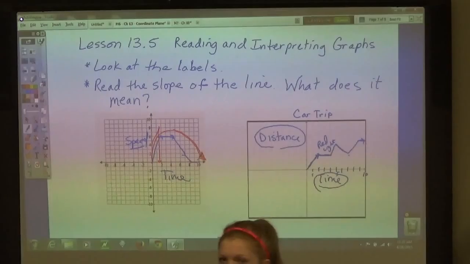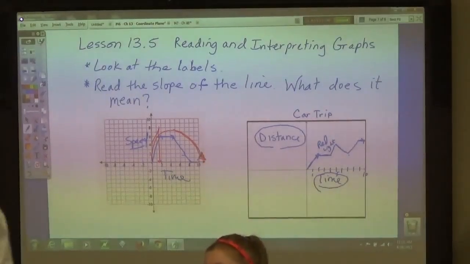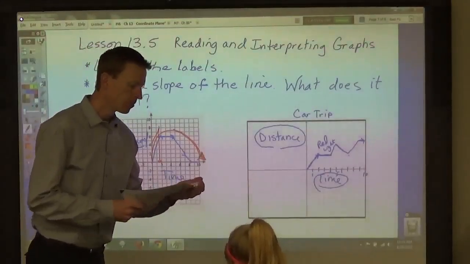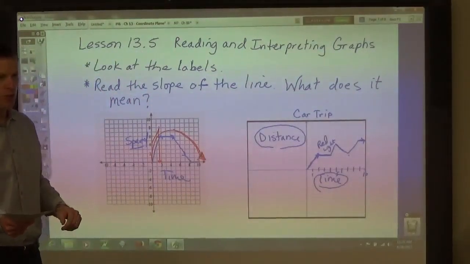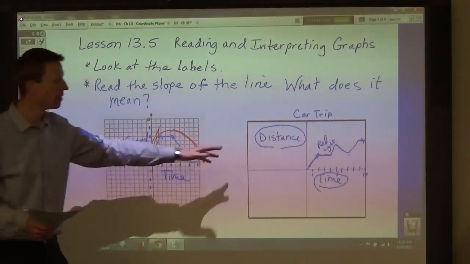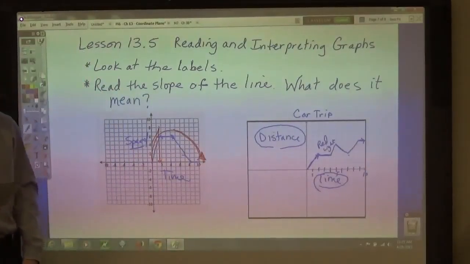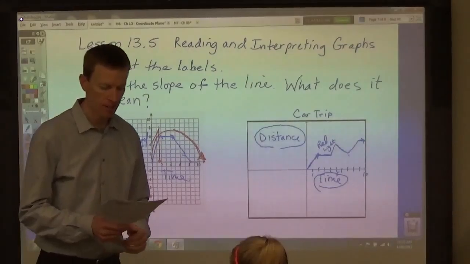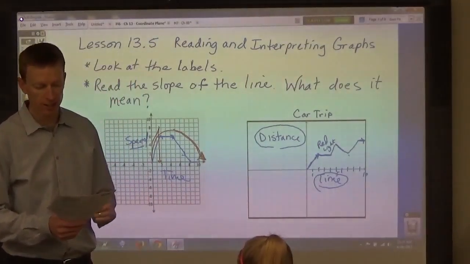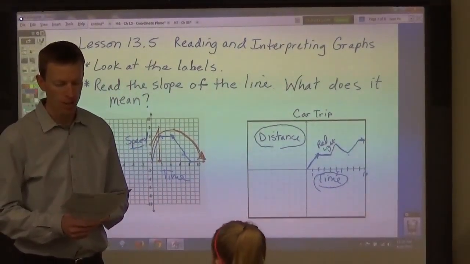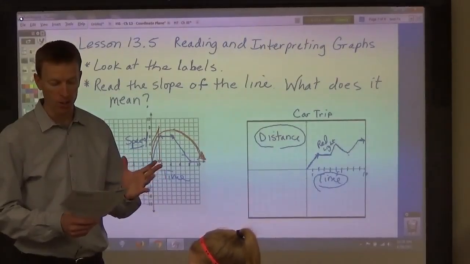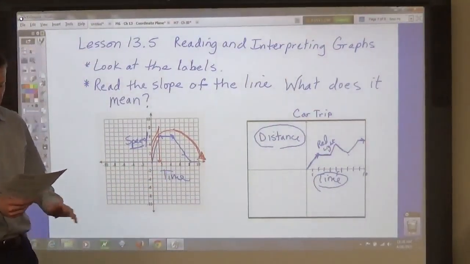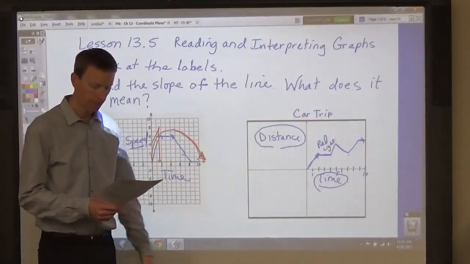All right. So look at what it says. A graph can show the relationship between two different measures, speed and time, speed and distance. Those are two different measures. A graph relates time and distance. The closer a segment of the graph comes to being vertical, the faster the car is going.